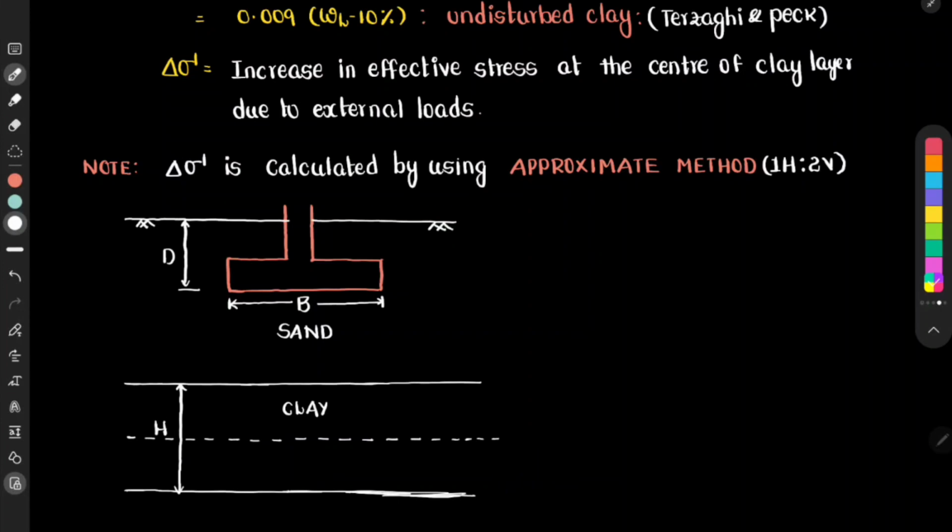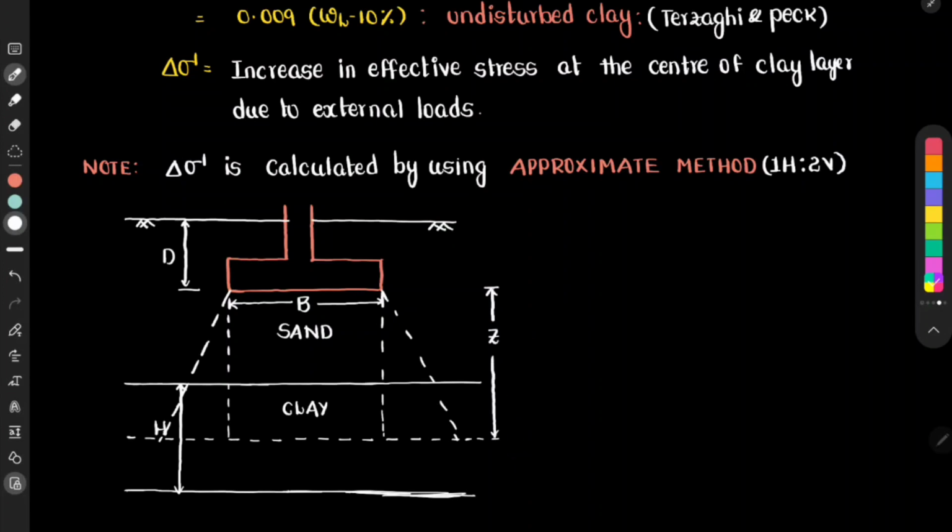So this is how the load is going to distribute. Let's say the center of the clay layer is at a depth of Z from the bottom of the footing.